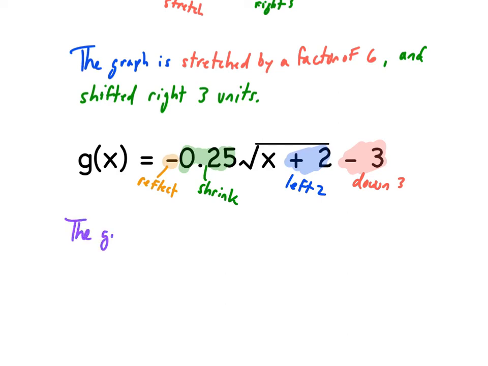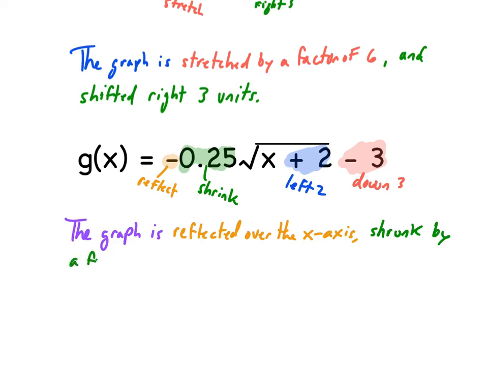So the graph is reflected over the x-axis. Shrunk by a factor of 0.25.